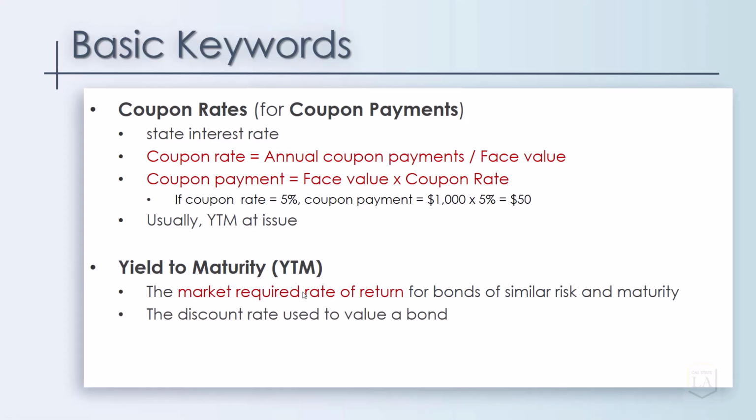So it's used as the discount rate to value the bond. And this is the return you would be obtaining if you held the bond to maturity. And once again, as with all other discount rates or interest rates you saw before, these are quoted as an APR. So if nothing is said, then yield to maturity, just stated as it is, will be an annual rate.